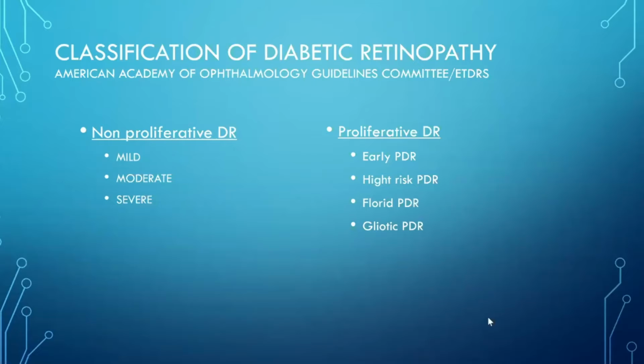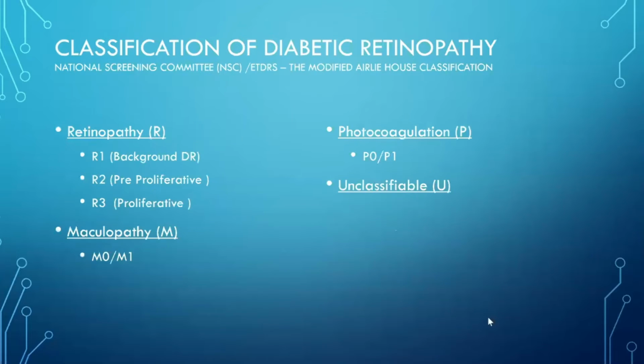They divided it into two types: non-proliferative diabetic retinopathy, which is the mild or moderate type, and proliferative diabetic retinopathy, when we have a little bit more advanced findings, quite severe retinopathy, which warrants treatment.